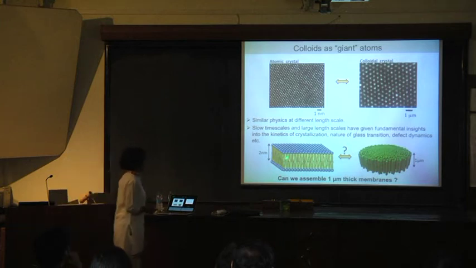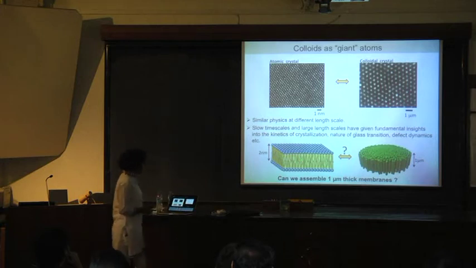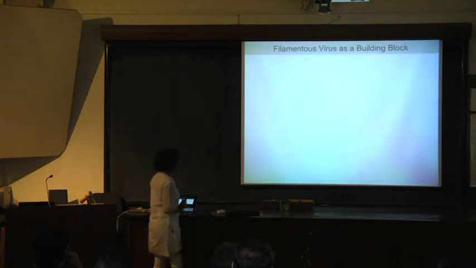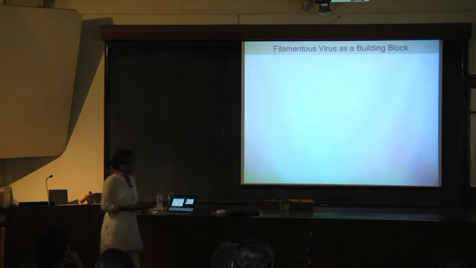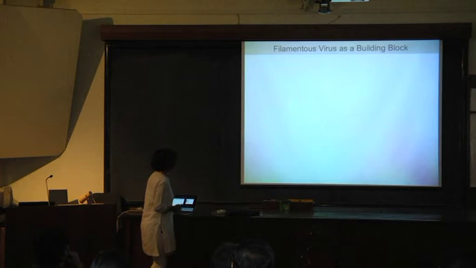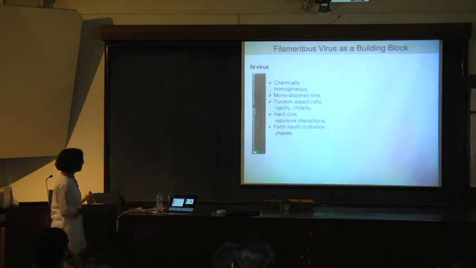So this mapping or this scale up was figured out by Zvonimir before I entered the lab, and this is how it works. So the building block of these micron thick sheets is a virus, and it's a rod-like virus which has a length of about a micron and diameter of a few nanometers.